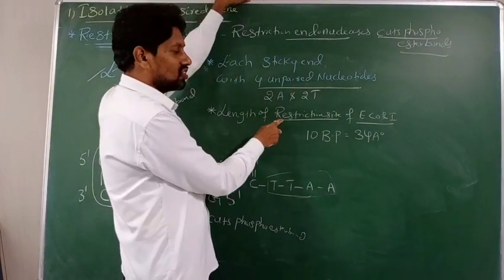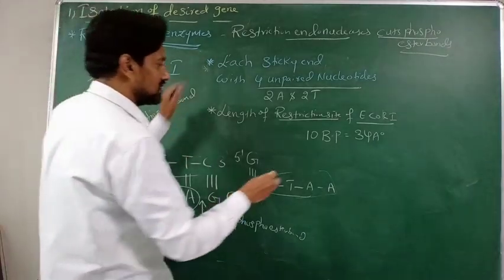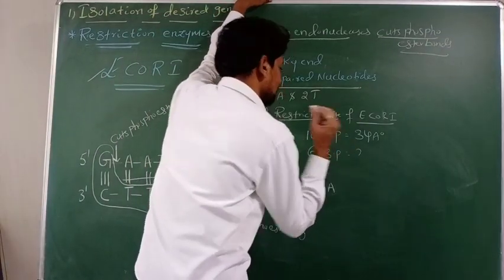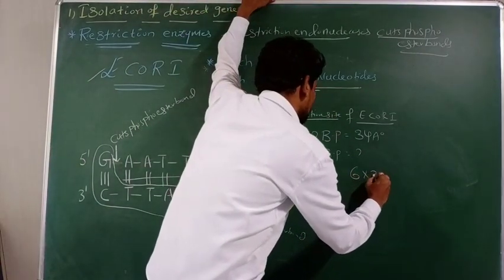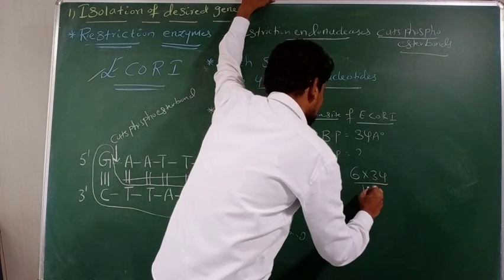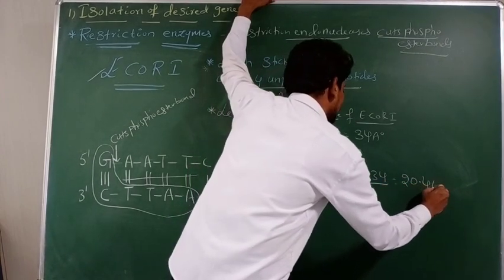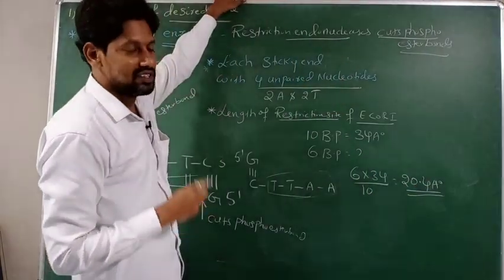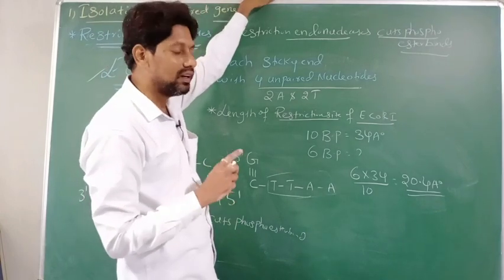In the recognition site of EcoRI, 6 base pairs are present. Therefore, calculate the length: 6 into 34 by 10. You will get 20.4 angstroms.